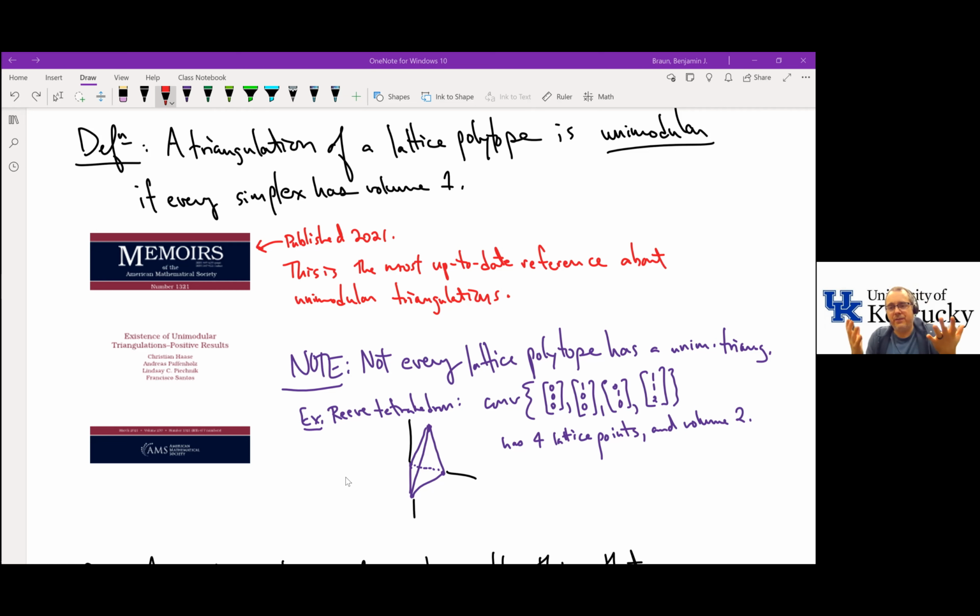Yeah, so this is the weird thing that happens with lattice polytopes. It's all about the arithmetic. If you think about where this Reeve tetrahedron comes from, you basically have the unit square in R2, and you take the infinite prism over it.